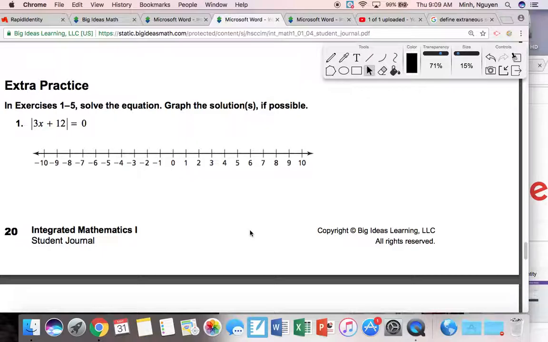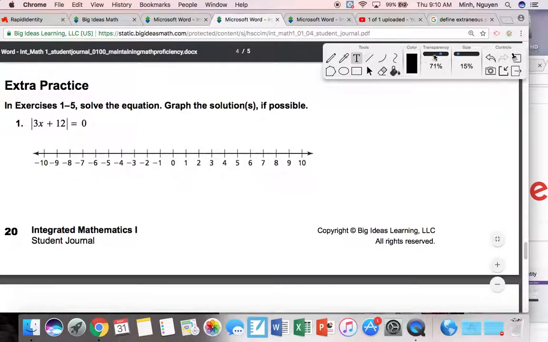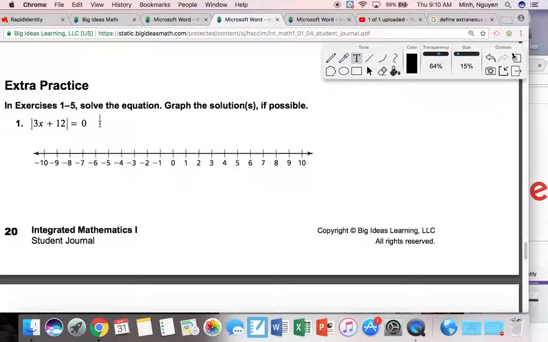If I say 3x plus 12 equals -0, that is the same thing because 0 and -0 are the same. So the related equation is simply 3x plus 12 is equal to 0.